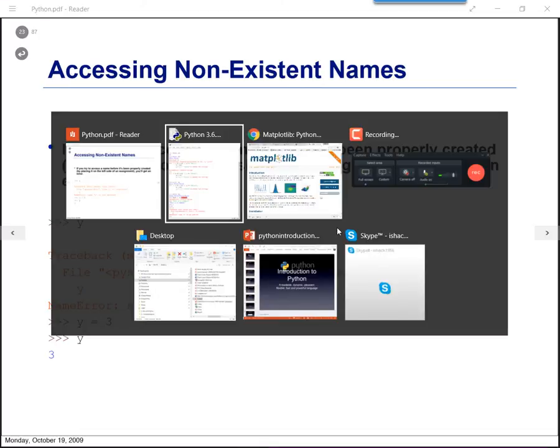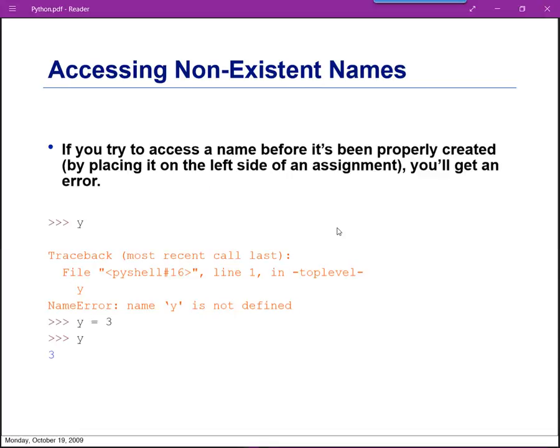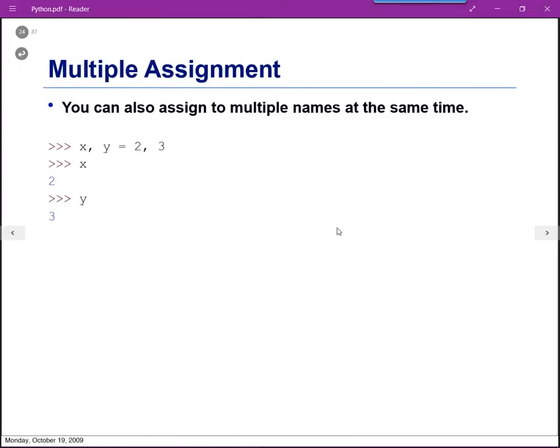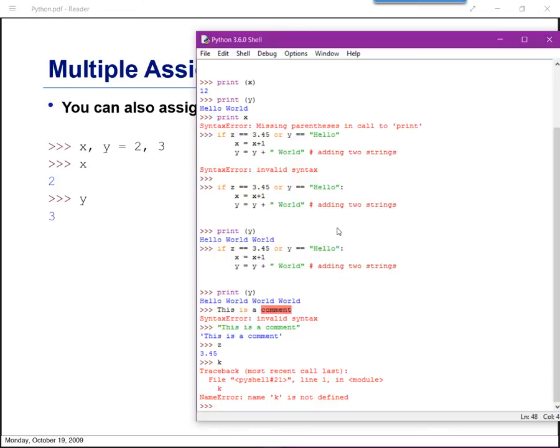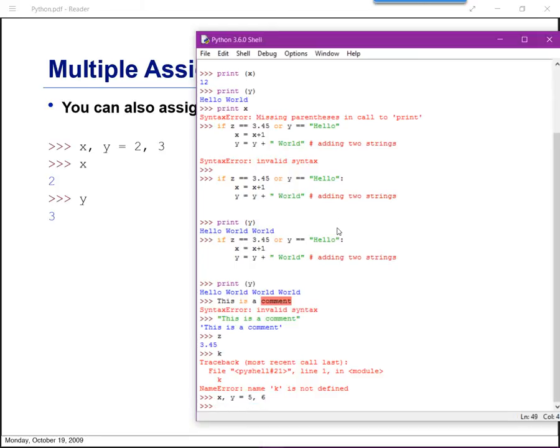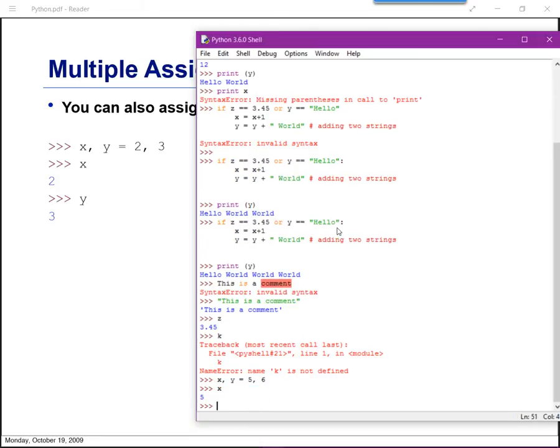So, oh, we're still on here. We can declare X, Y at the same time. This is kind of a neat little trick. I can say X, Y equals 5, 6. And that means X is going to be 5 and Y is going to be 6.